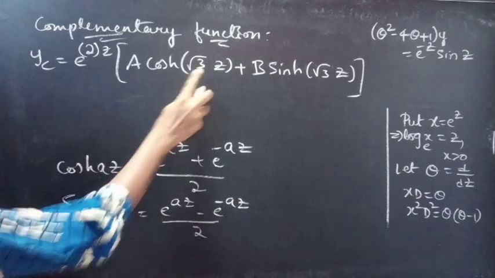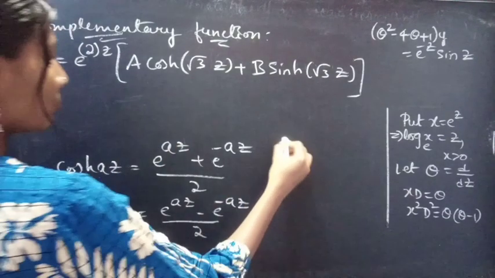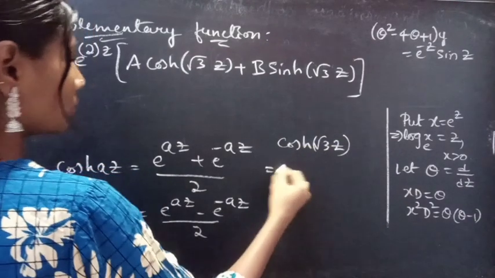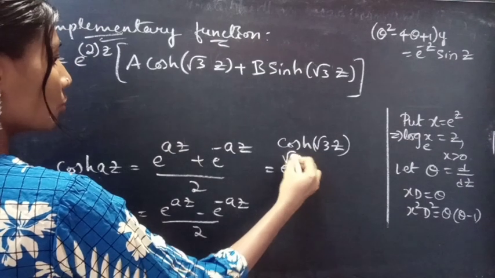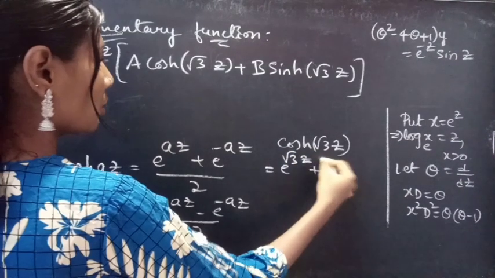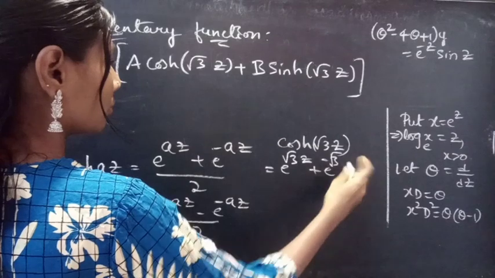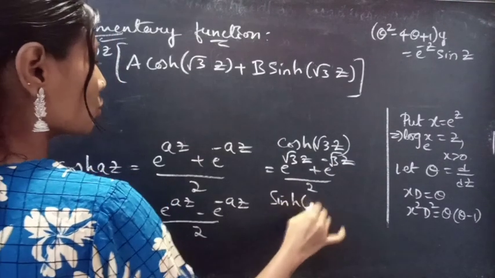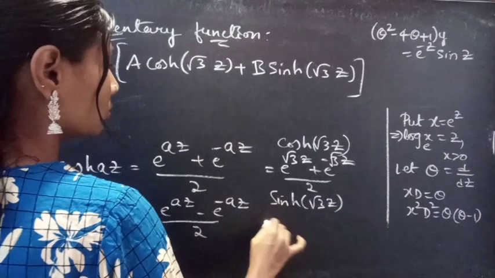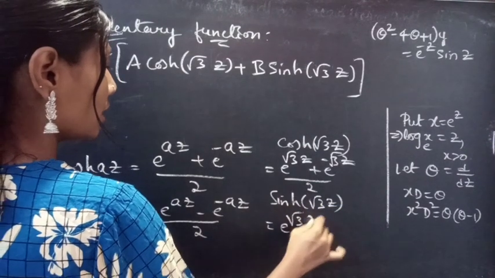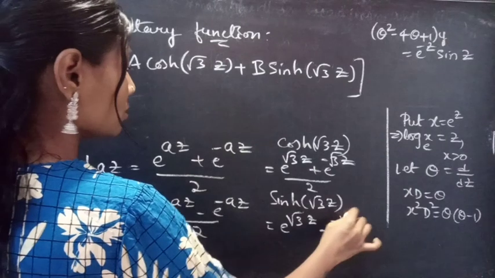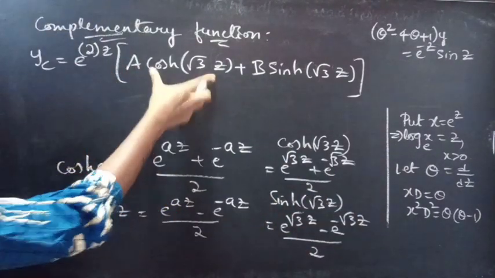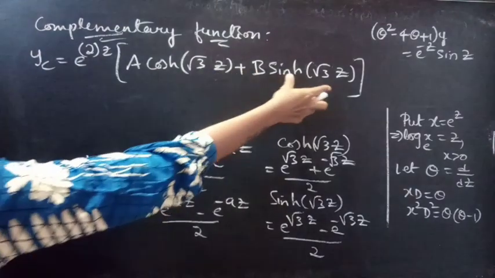Then for a equals root 3, we'll get cos h root 3z equals e power root 3z plus e power minus root 3z by 2, and sine h of root 3z equals e power root 3z minus e power minus root 3z by 2.